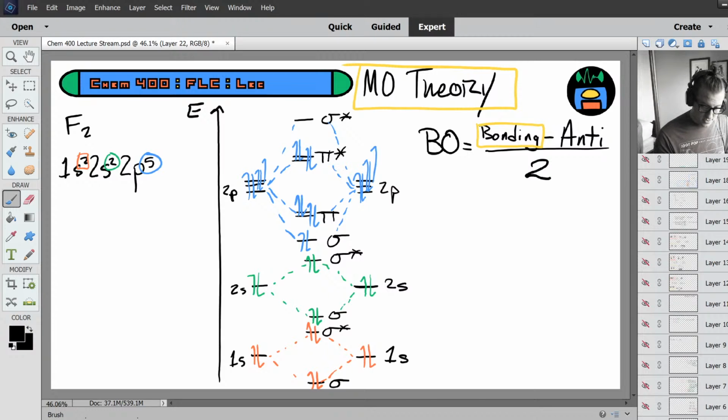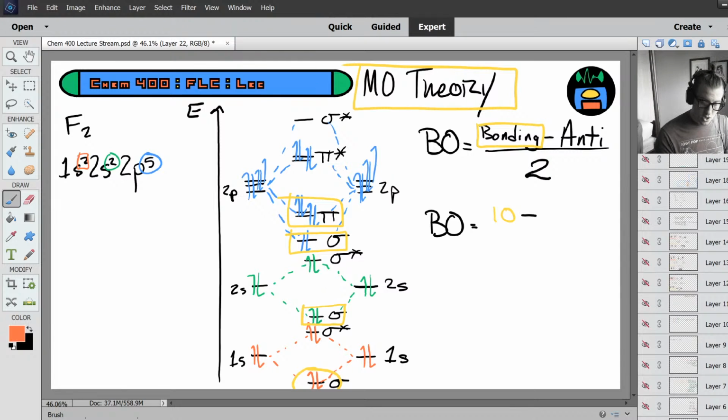So we've got 2, 4, 6, 8, 10. 10 total electrons in bonding orbitals.